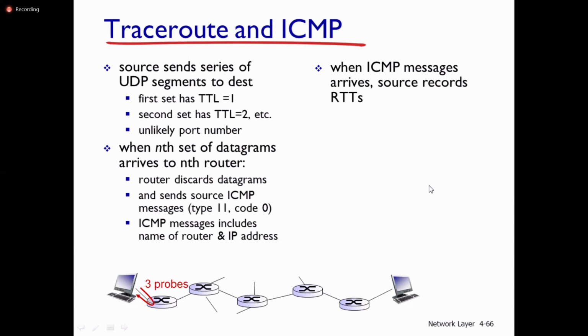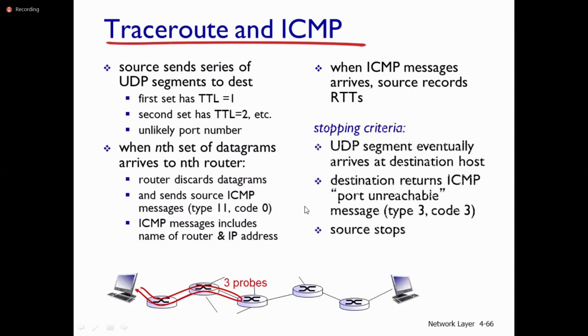Whenever the ICMP message arrives, the source device records the round trip time. RTT stands for round trip time. We look at the probes which are issued to connect various devices in the network. The UDP segment eventually arrives at the destination.